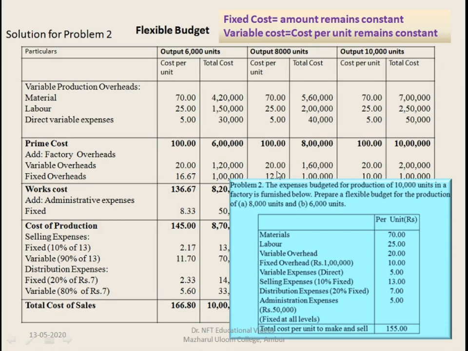Cost per unit 20 rupees for 6,000 units, for 8,000 units, and again for 10,000 units it is 20. So now you multiply it. 6,000 into 20 is 1,20,000. 8,000 into 20 is 1,60,000, and 10,000 into 20 is rupees 2 lakh. So this is how we have to calculate variable overhead and fixed overhead.